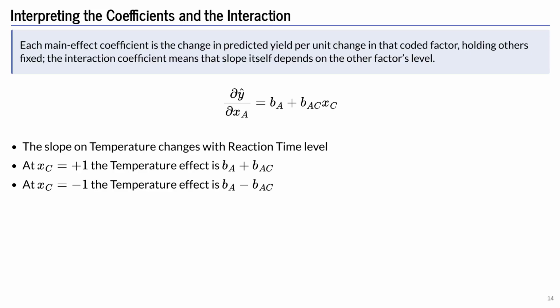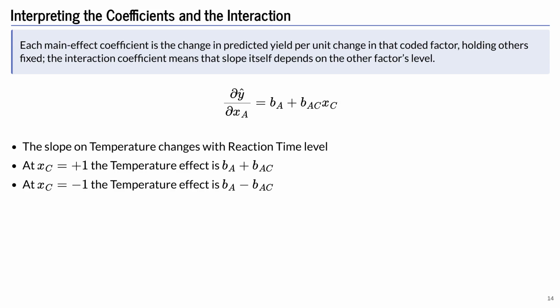The interaction term deserves special attention because it changes how you read the main effects. The partial derivative of predicted yield with respect to XA, the slope of yield on temperature, is BA plus BAC times XC. That slope is not a constant. It depends on where reaction time is set. At XC equals +1, reaction time at its high level, the temperature slope is BA plus BAC.